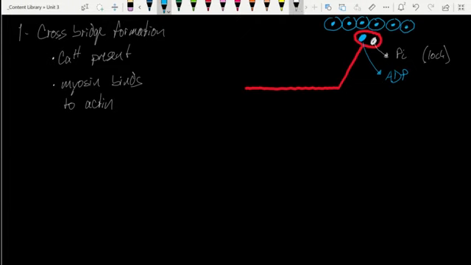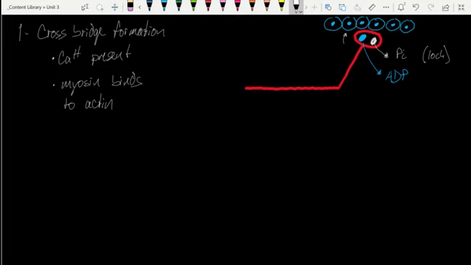This is crossbridge formation, when myosin binds to one of these binding sites. The interaction between the myosin head and the G-actin binding site is just like the mouse chewing on the cheese.